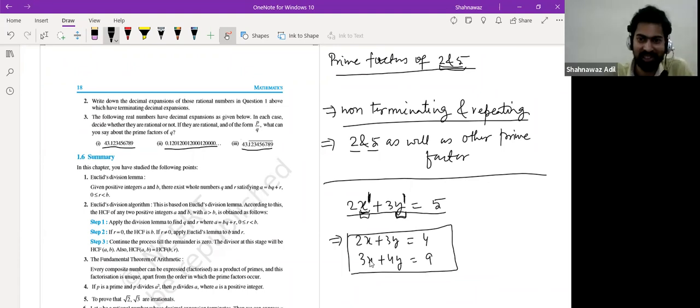Why am I asking? You haven't done the third chapter. Okay. So to solve a linear equation in two variables, you have two unknowns, right?